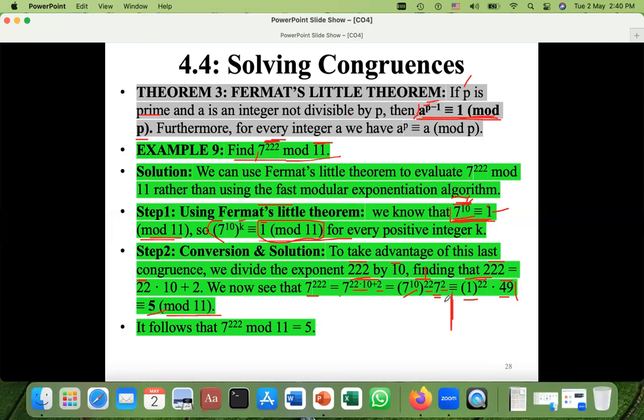So you can further write it as congruent to 5 mod 11. The question is to find what you will get when you divide this integer by this modulus 11. What would be the remainder? So now 5 would be the remainder, and that is the answer.